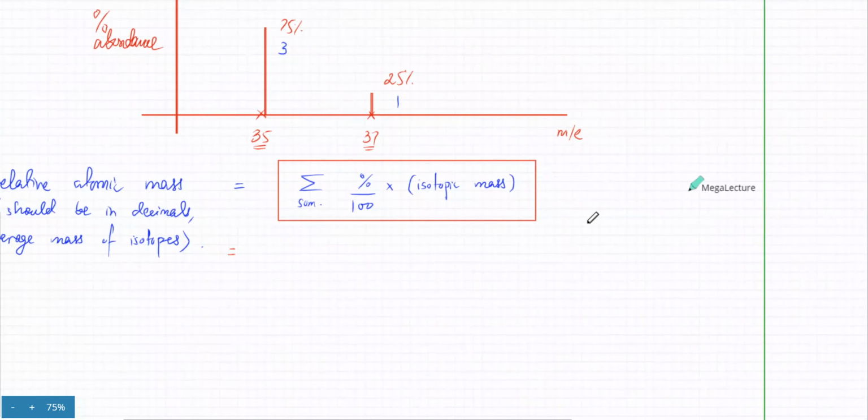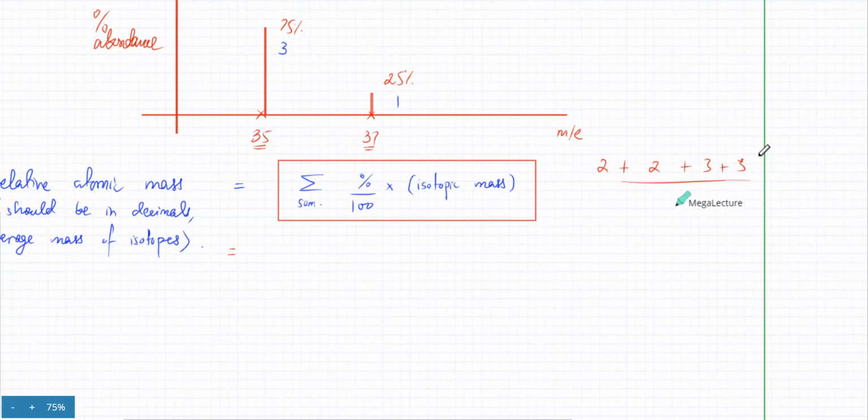The old method that you know of calculating averages: if there are four numbers given, like there are twos and there are threes, so there's two, another two, three, and another three. You sum them up and divide by four, the number of terms, and you get the average, which in this case would be 2.5.